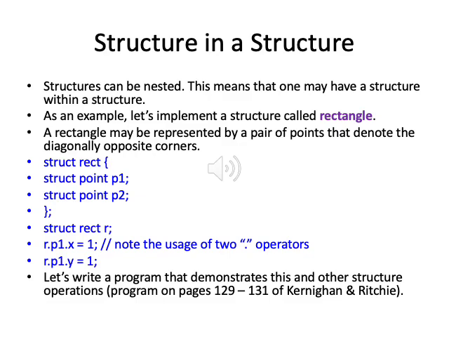To show an example of this, let's again focus on graphics or geometry, and let's implement a structure called rectangle. As you know, a rectangle may be represented by a pair of points, and those can denote the diagonally opposite corners. So here's what we see.